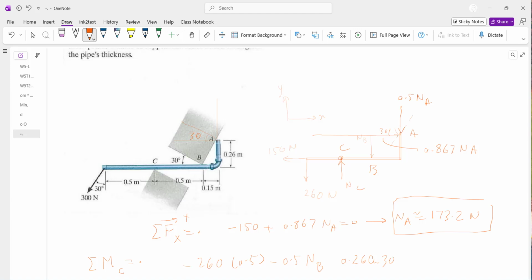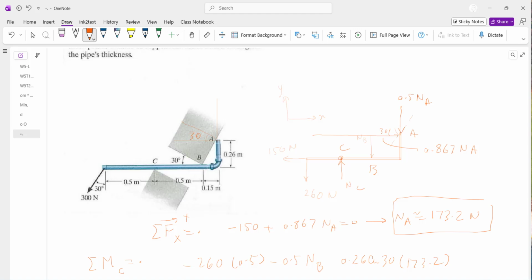NA was 173.2, and now the rotation of this was counted. This was counted, horizontal counted. The last one has not been included yet.